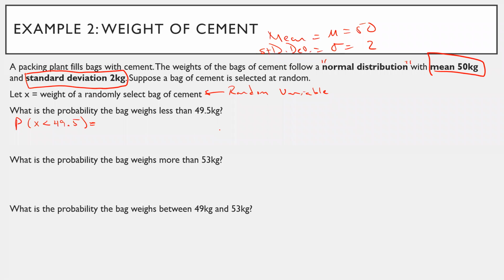All right, I know it seems silly, and unfortunately you're going to hear me say this a lot over the next week of class, but what helps? Drawing a picture. So what I'm going to do is draw the distribution of weights of bags of cement.